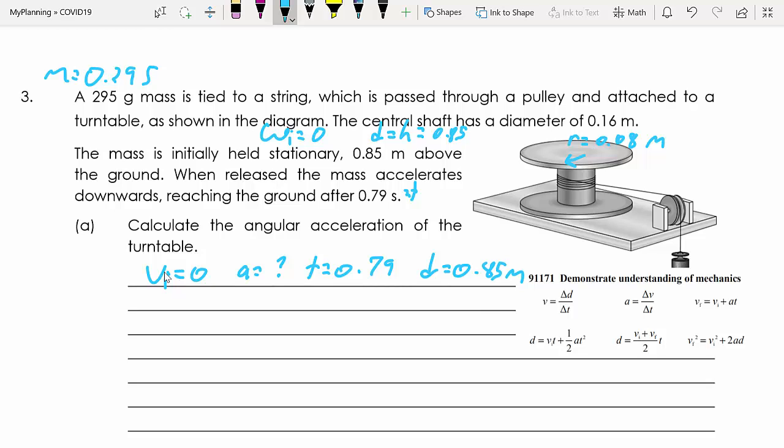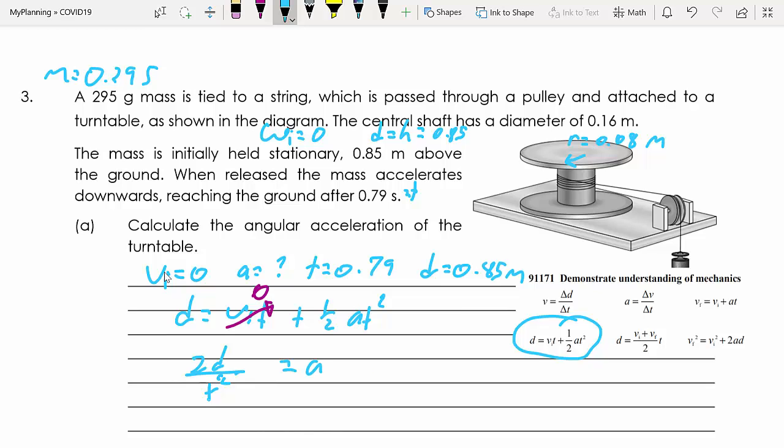And so I'm looking for an equation that doesn't have VF in it. So I'm going to be using the same equation, D equals VIT plus a half AT squared. Because once I know acceleration, and because I know the radius, I can therefore work out the angular acceleration.